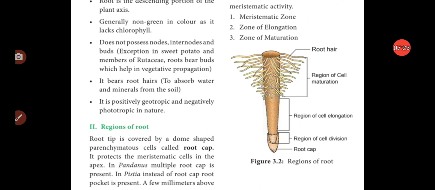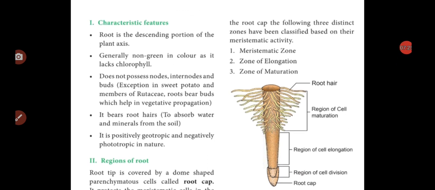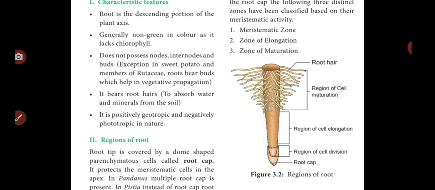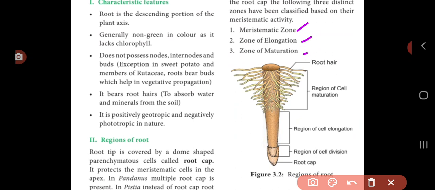A few millimeters above the root cap, the following three distinct zones have been classified based on their meristematic activity. இப்போ ஒரு few millimeters above the root cap, ஒரு few millimetersக்கு மேலே we can see three distinct zones. They are first one meristematic zone, second zone of elongation, and finally the third zone of maturation.